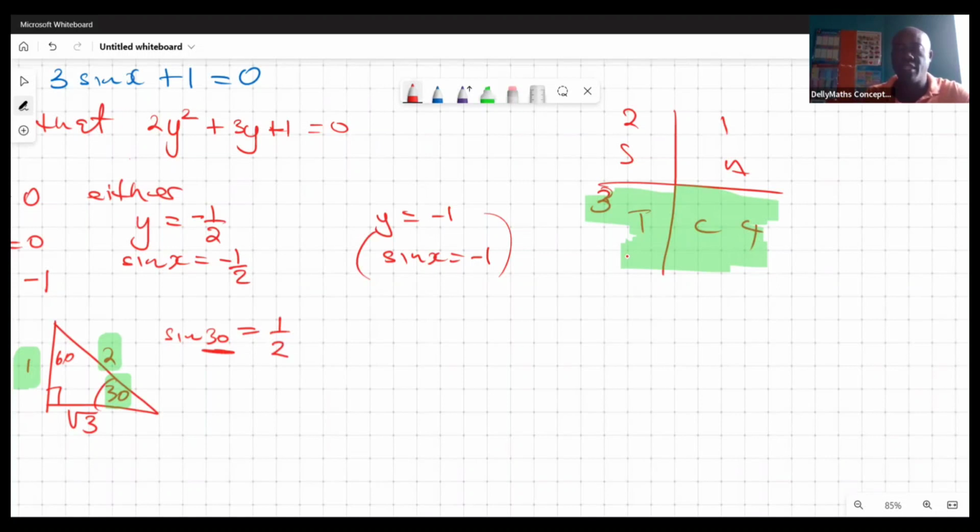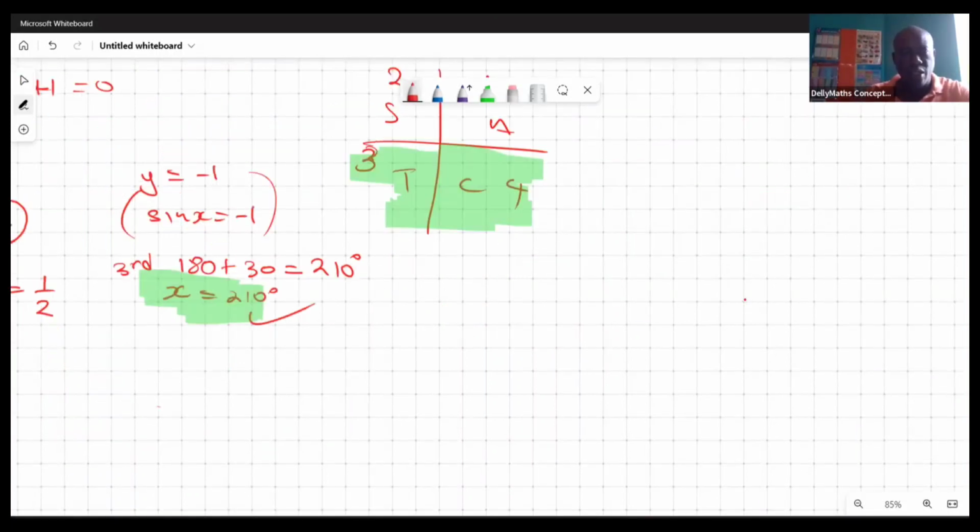So for this one, in the third quadrant, we're focusing on getting the negative. It's going to be 180 degrees plus 30, and that is going to give us 210 degrees. So sine of 210 would give us that negative 1/2. All right. So x is 210 degrees. That's one of our solutions.